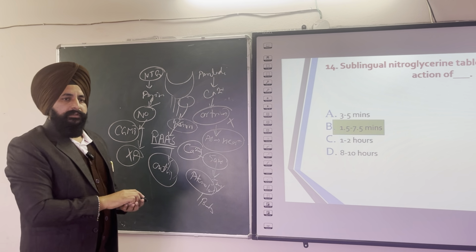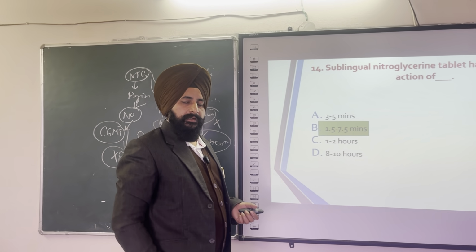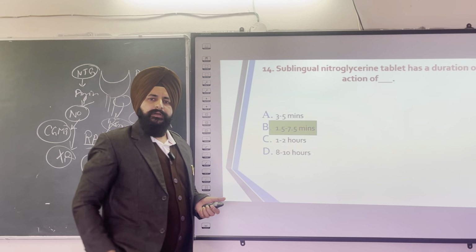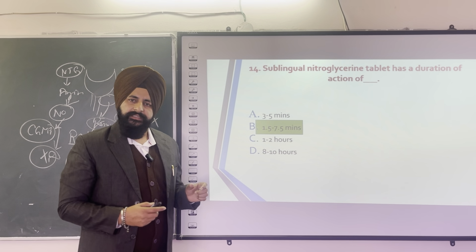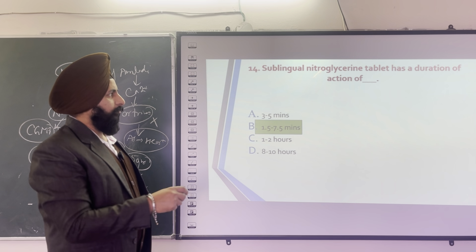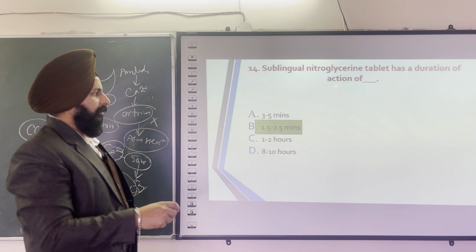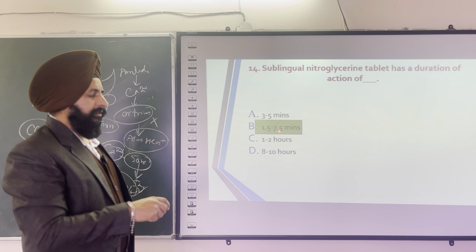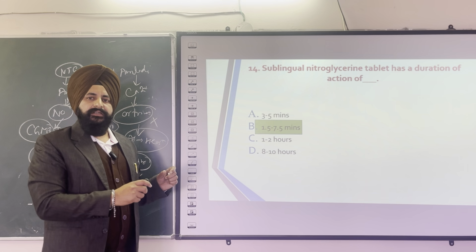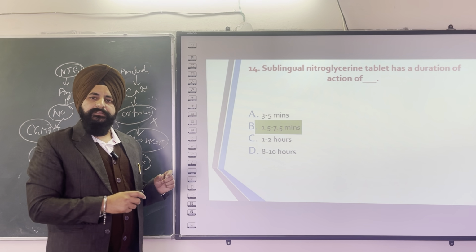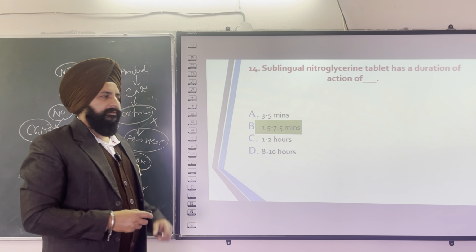So this nitroglycerin is a very useful drug and a drug of emergency for angina. So this GPAT option could be here. Nitroglycerin is one of the drugs. This option can be there as an emergency drug and drug of choice for the angina patient.